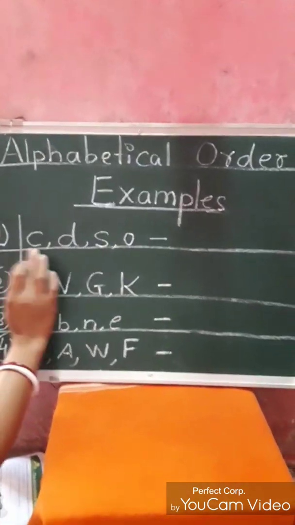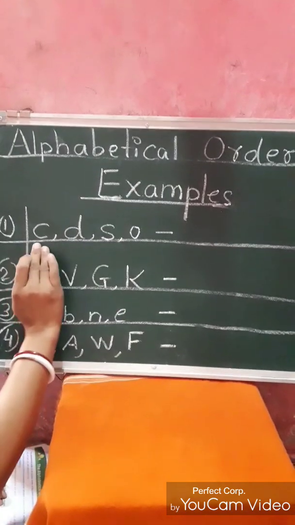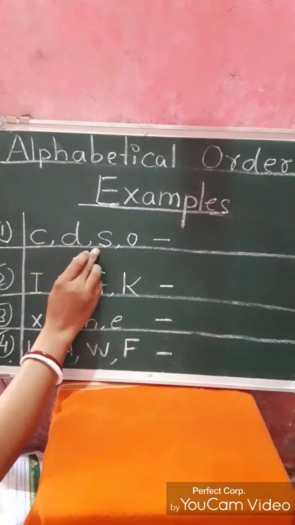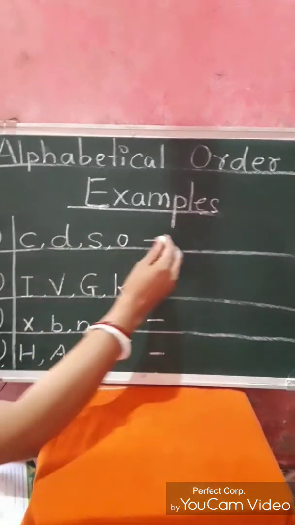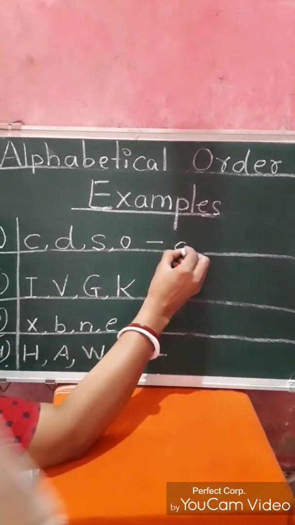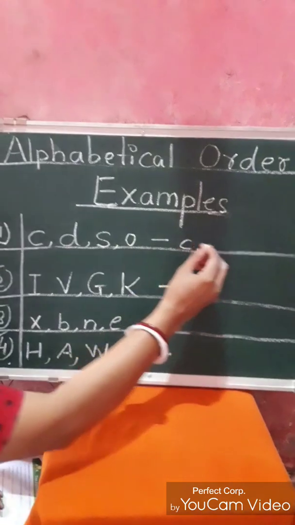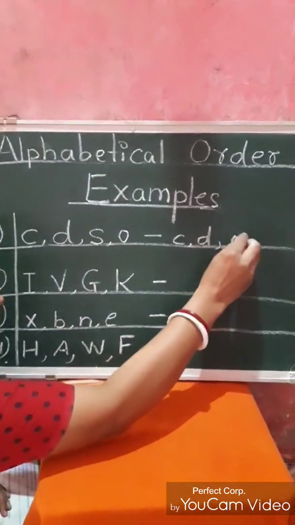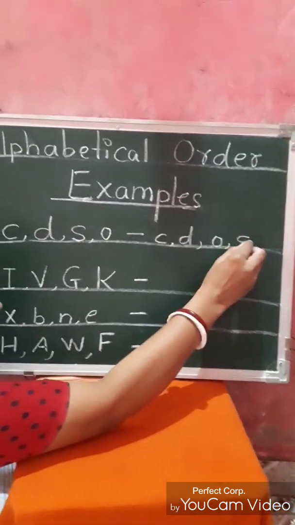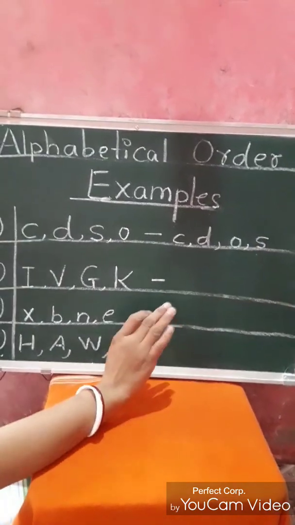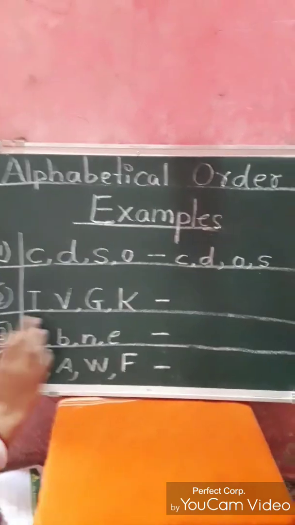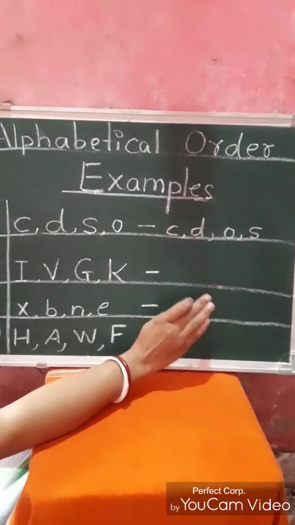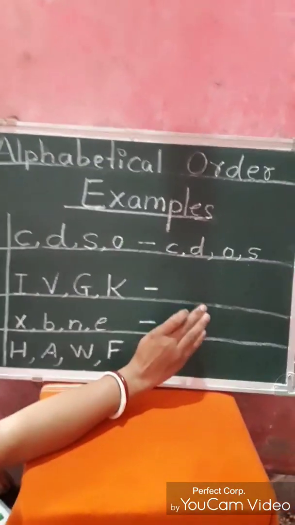In number 1, look at all the letters C, D, S, O. Among these, C will come first, then after C, D will come, after D, O, and then S will come in the last place. Like this, we are going to arrange the letters of number 2 on the right hand side according to their alphabetical order.